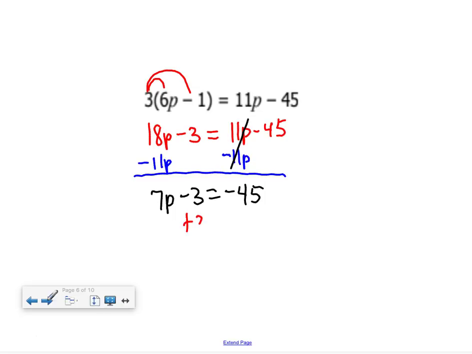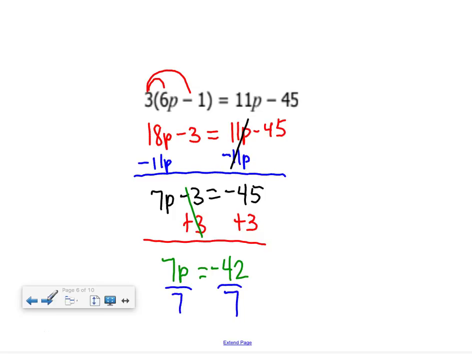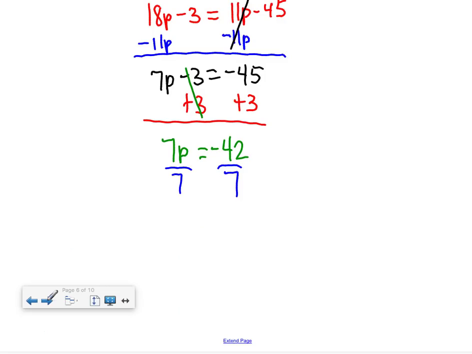Well, we're going to add it. So we're left with 7p, 3's cancel, equals negative 42. How am I going to get p alone? Divide by 7, divide by 7. So we are left with p equal to negative 6.